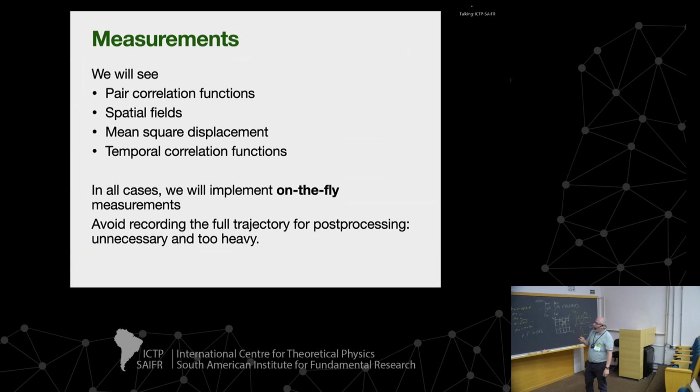So here, today and tomorrow, I'm going to describe different things that you normally measure in non-equilibrium statistical mechanics: pair correlation functions, spatial fields, density fields, nematic order, nematic tensor fields, the mean square displacement and diffusion coefficient, and temporal correlation functions.